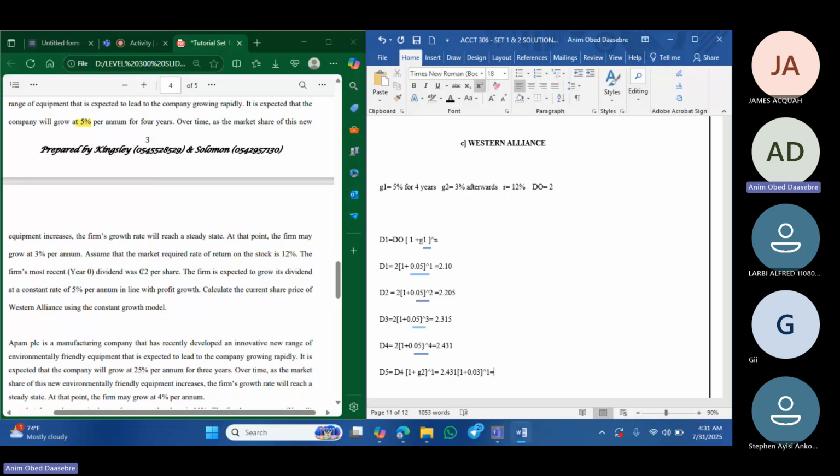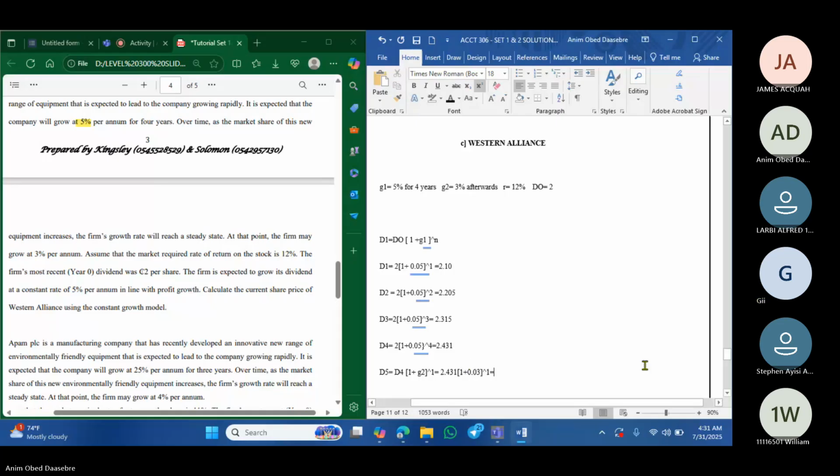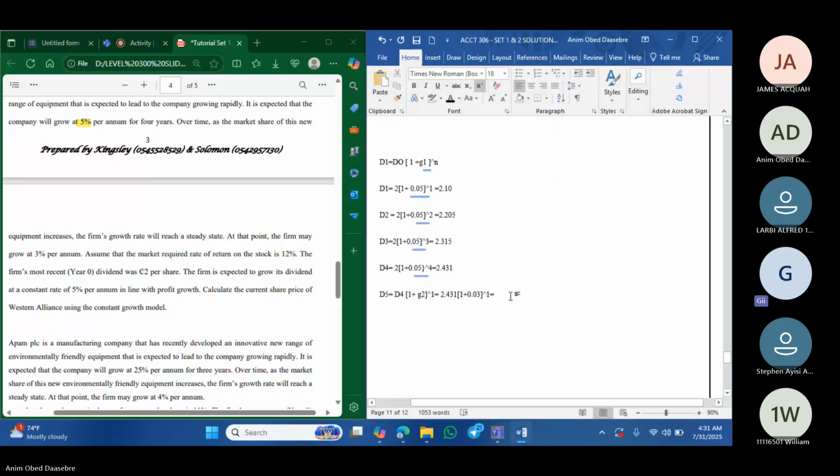That one will give us, getting for the D5, 2.504.